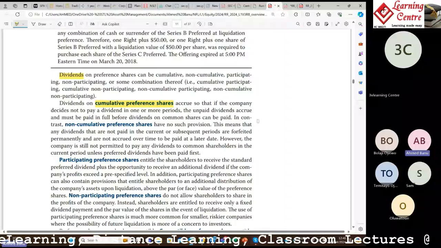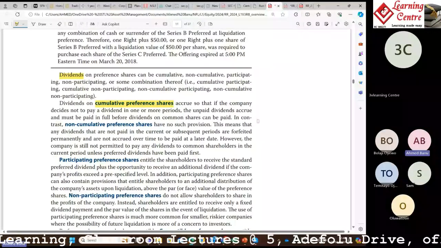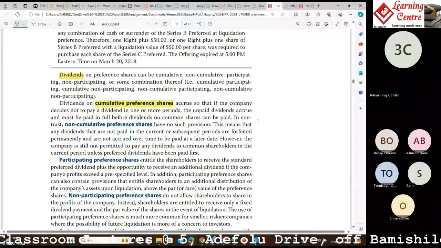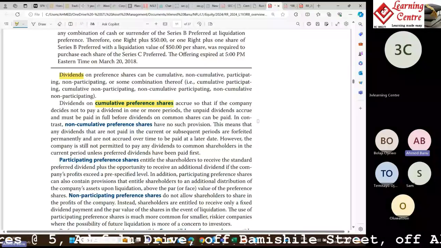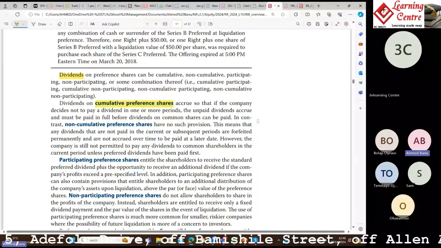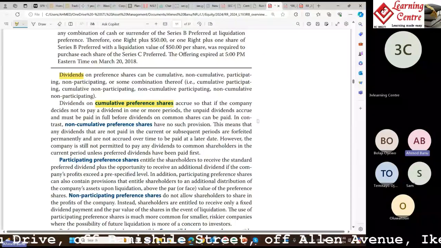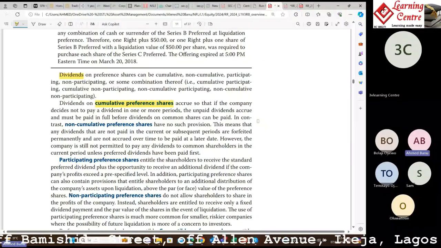A company has a profit of 10 naira per share, and it says it is going to pay a dividend of 5 naira per share. Now, preferential shareholders are meant to get 1 naira per share every year. So that means if the company declares 5 naira per share, it will first pay 1 naira per share to the preferential shareholders and pay 4 naira to the ordinary shareholders.